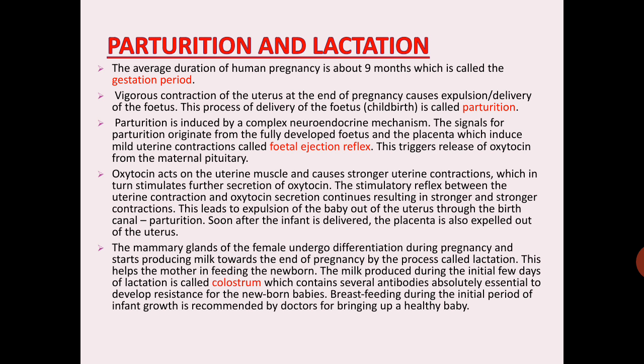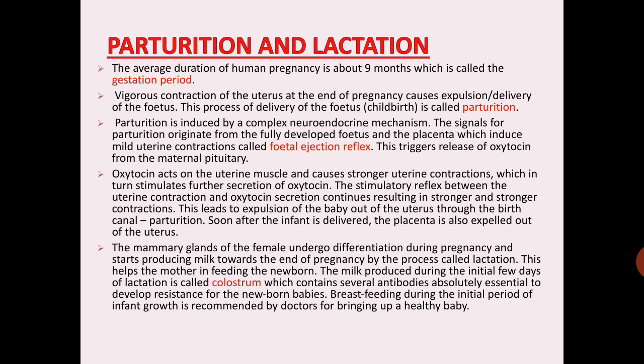This triggers the release of oxytocin from the maternal pituitary. So since the fetal ejection reflex is occurring, it triggers the release of oxytocin from the maternal pituitary. Now oxytocin acts on the uterine muscles and causes stronger uterine contractions, which in turn stimulate further secretion of oxytocin.